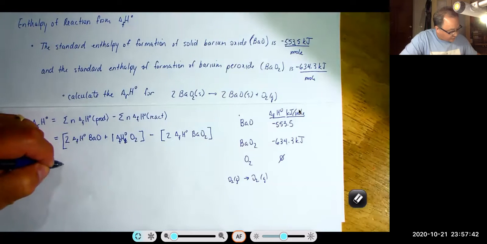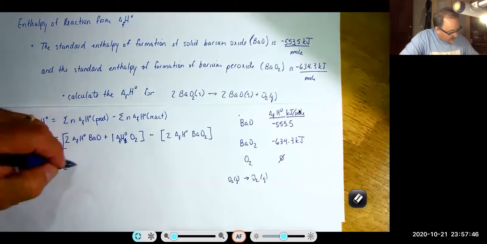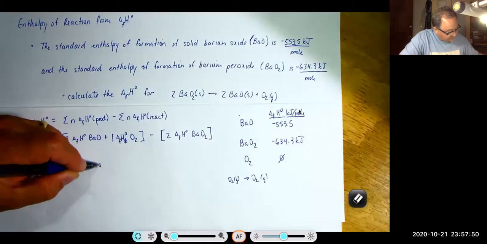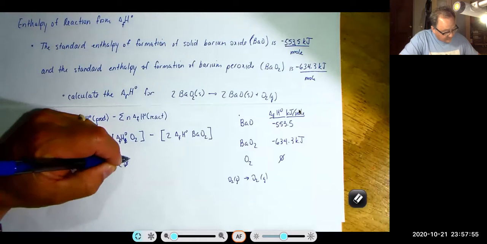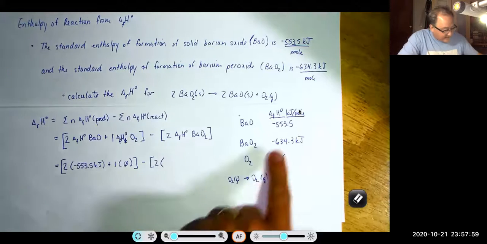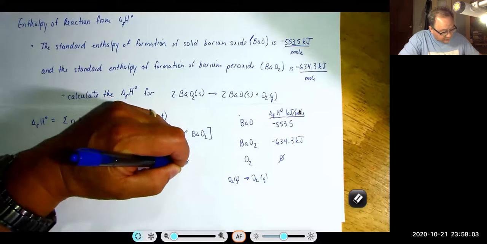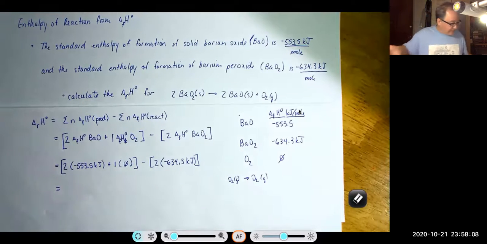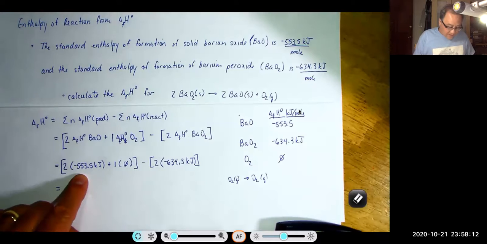We have 2 times the enthalpy of formation of barium oxide, minus 553.5 kilojoules, plus 1 times 0, minus 2 times negative 634.3 kilojoules. So I'm going to plug these numbers into my calculator, and we can see 2 times that is going to be minus 1100 approximately.